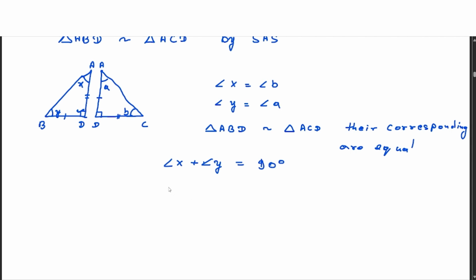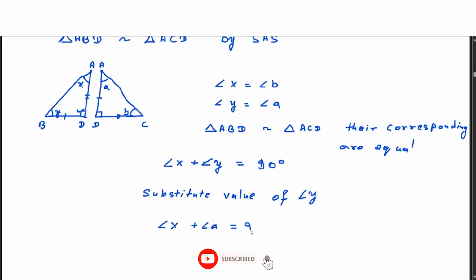We already know that angle Y is equal to angle A. So we can substitute the value of angle Y. Here angle X plus angle A is equal to 90 degree.